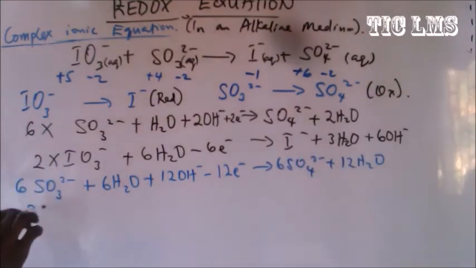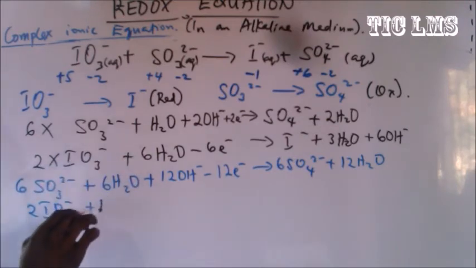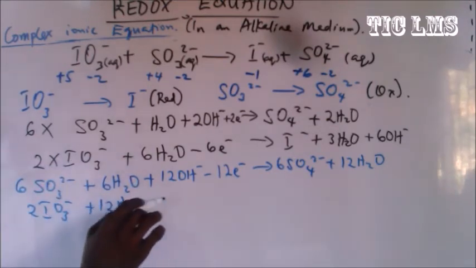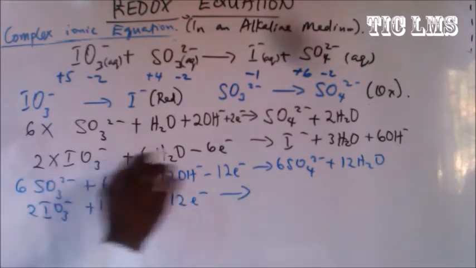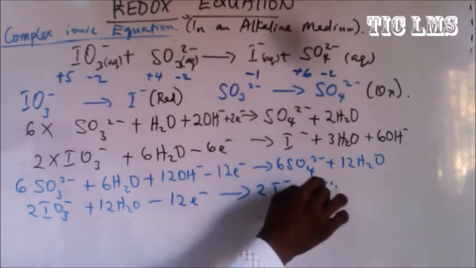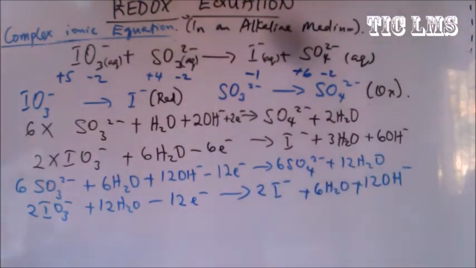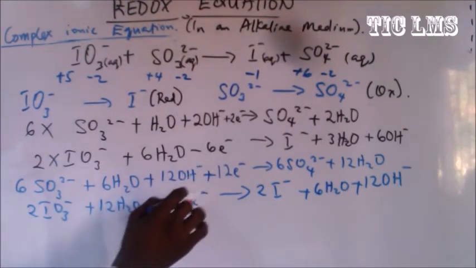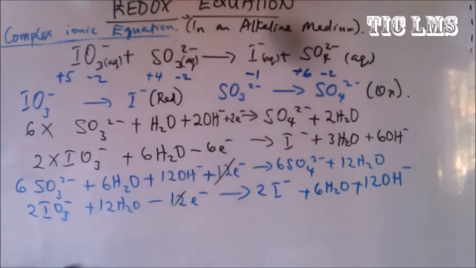Then we have 2IO3- plus 2 times 6, that's 12H2O, minus 12e-, to give 2I- plus 6H2O plus 12OH-. Next, the electrons will cancel out. Okay, over here we have a plus. So the electrons will cancel out because they have plus 12 minus 12.